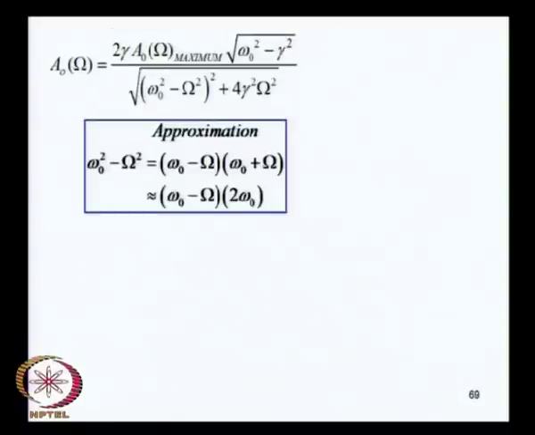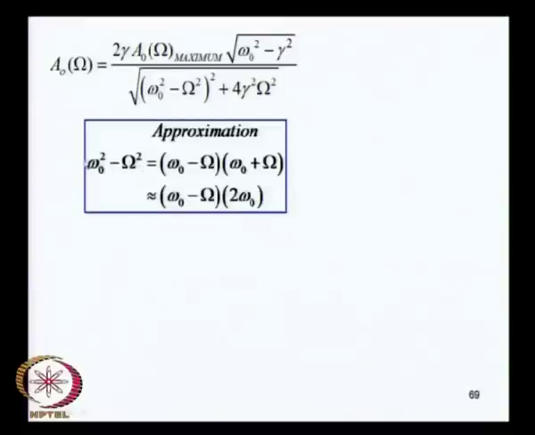Now, we will develop further approximations, because we are working in the region which is close to the intrinsic frequency of the oscillator. So, this uppercase omega is nearly equal to omega 0. Now, if you look at this term omega 0 square minus omega square, this is exact for any difference in the squares like a square minus b square.